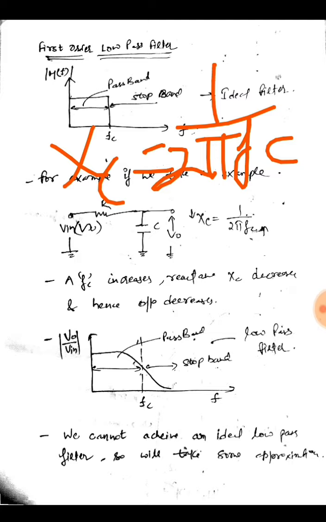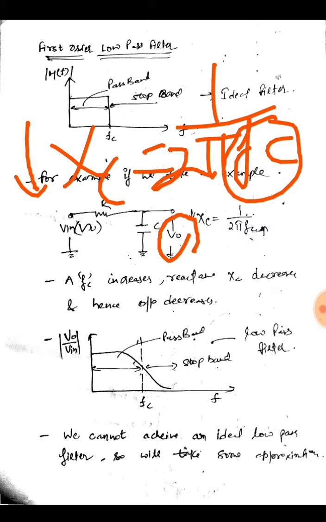As I increase this frequency Fc, this reactance would start decreasing, and if this reactance starts decreasing, the output will also start to decrease. If I keep on increasing the frequency, then the output will become 0 after a certain instant. So this is why it is called a low pass filter.